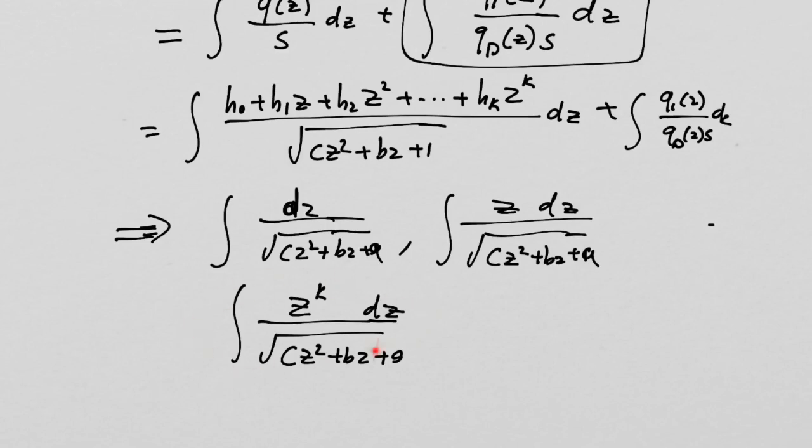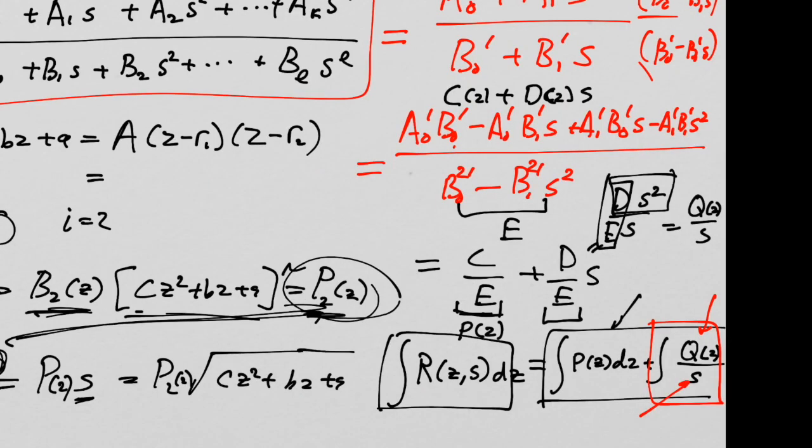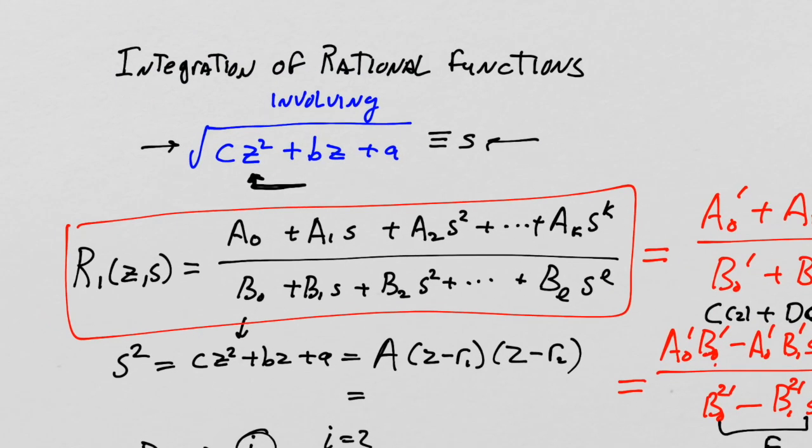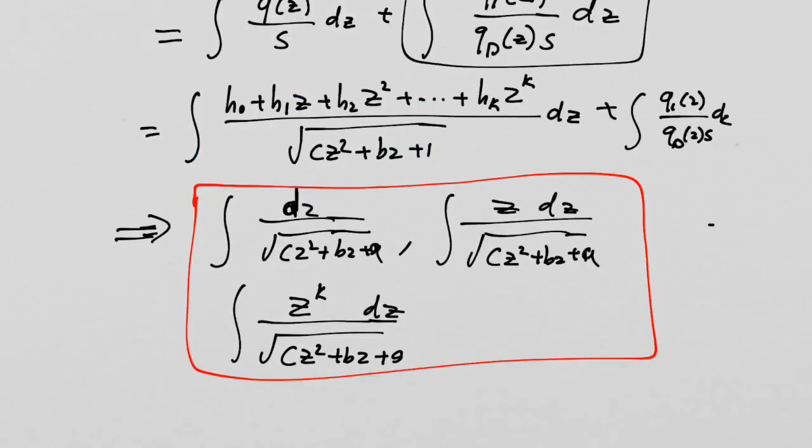The point is that for arbitrary K, we're going to get a formula, but that arbitrary K will have the condition that it's bigger than 1, so we have to solve these two as special cases. So I'll put a red box around it: if we want to claim to integrate all rational functions involving Z and S, then we better be ready to integrate all three of these. Okay, so that's on our to-do list.